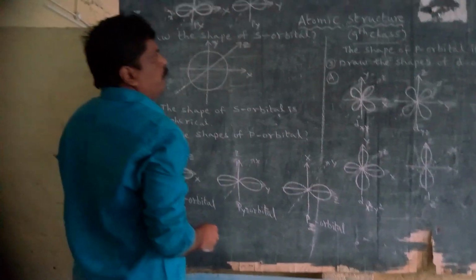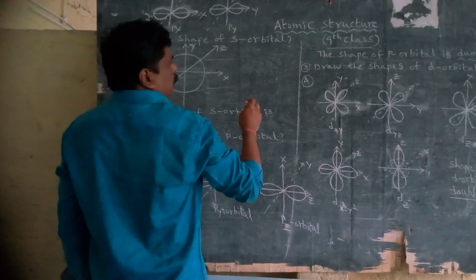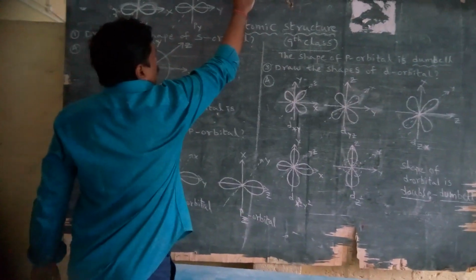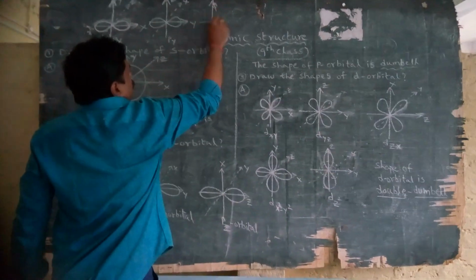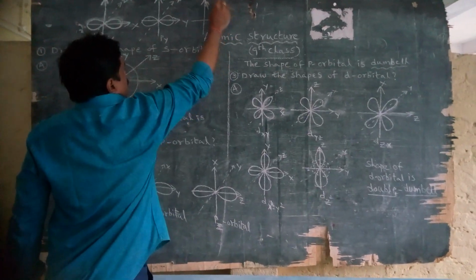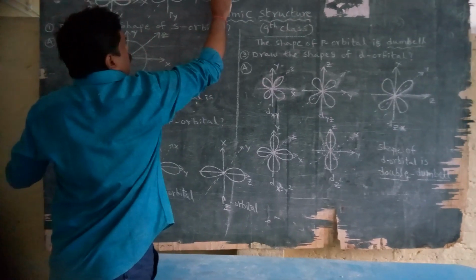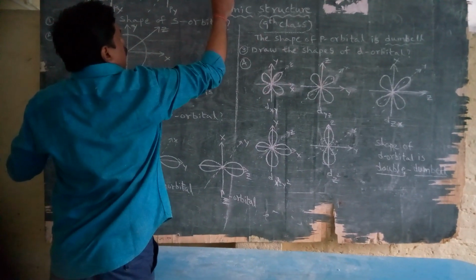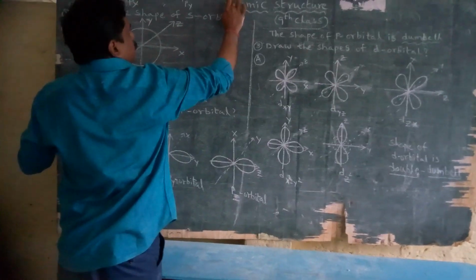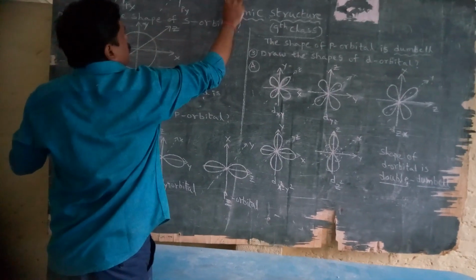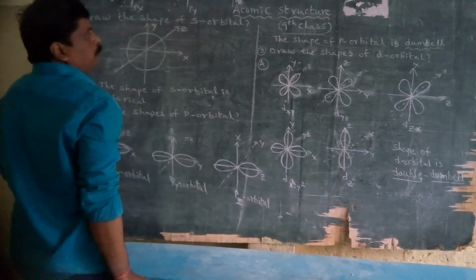This is called py. After that, another one is the pz orbital. I have to draw two axes here, the z axis and x axis. You draw a dumbbell on the z axis, so it is called pz.